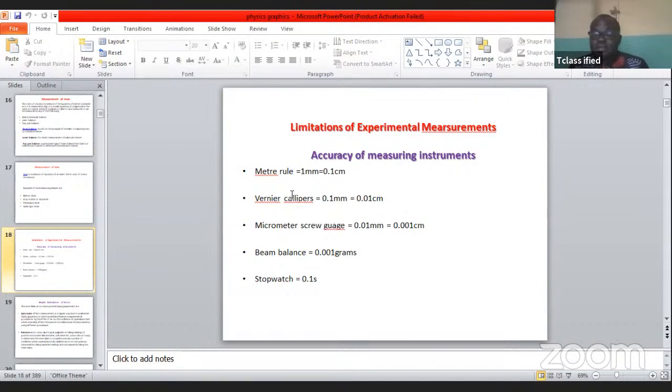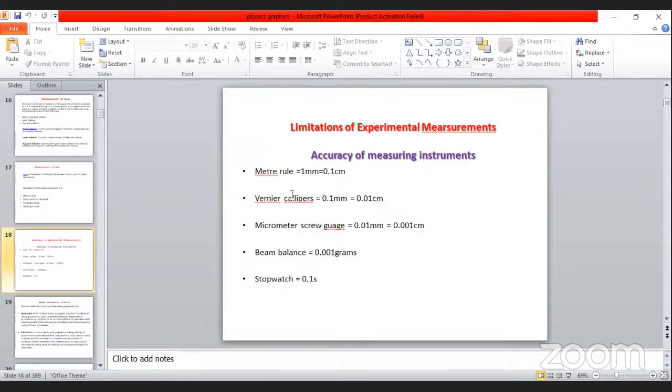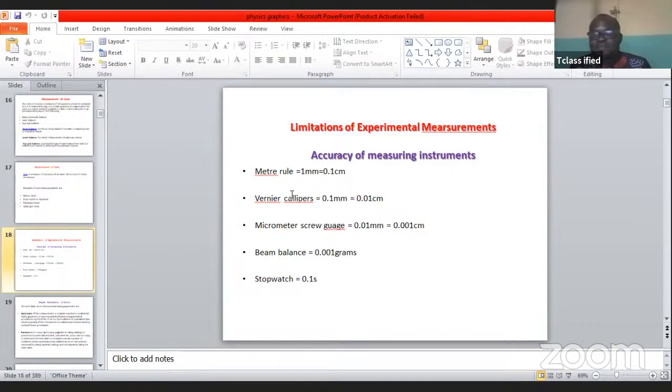If they ask you which of the following has the degree of accuracy to 1 millimeter or 0.1 cm, and you have options: micrometer screw gauge, vernier calipers, stopwatch, meter rule, what would be the answer? Sorry, I didn't get the question. Okay, let me come again.